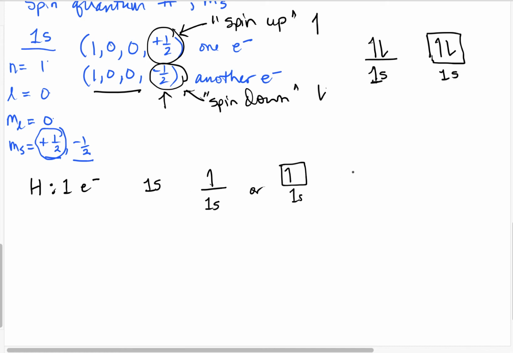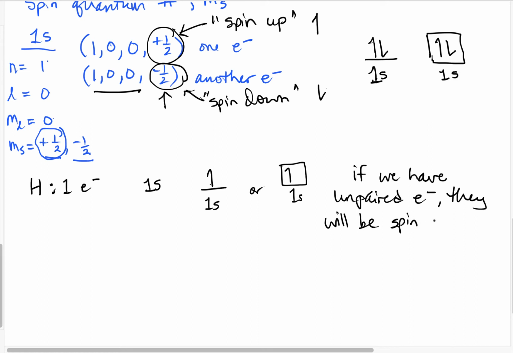So if we have an unpaired electron, or more than one unpaired electron, they will be spin up. It turns out to be a slightly lower energy configuration than having it spin down, and so that's why it's spin up.